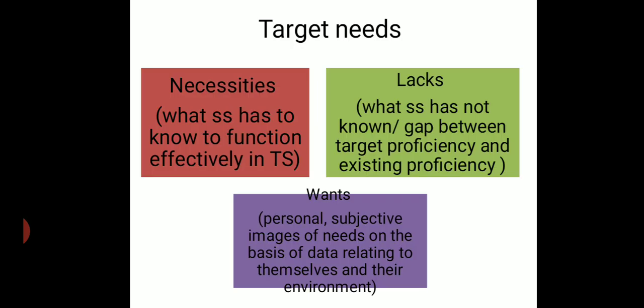next, in the target needs, remember we have the terms necessities, lacks, and wants. Necessities are what students have to know to function effectively in the target situation. So this is what students have to master. And then lacks, what students haven't mastered. Wants is the personal, subjective image of needs on the basis of the data relating to themselves and their environment.